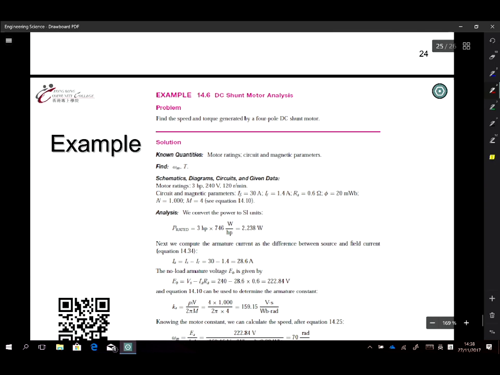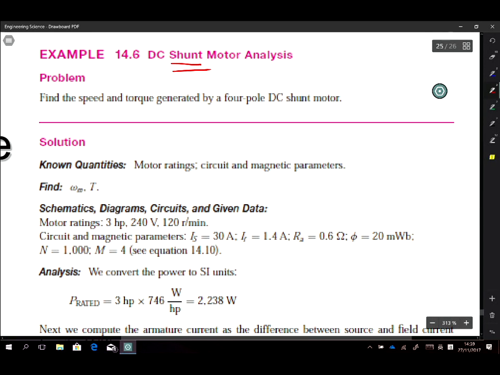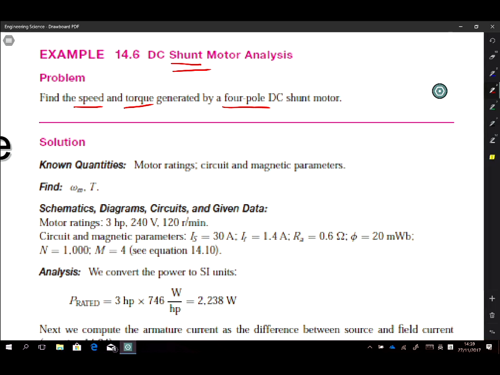Now we give you an example about the shunt motor. In this example, we try to find the speed and torque for a 4-pole DC shunt motor. To solve this kind of problem, before you do anything, I suggest you draw a model to describe the motor.